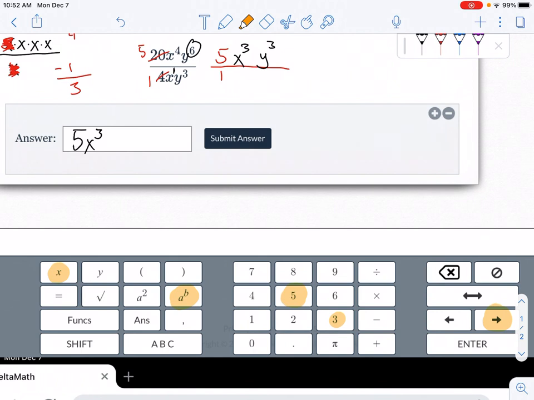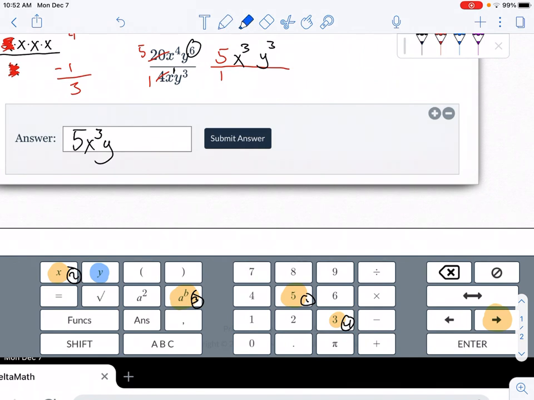So to get 5x to the third, I did all of those things in orange. That was the first button I hit, second button, third button, fourth button that I hit, okay? In a different color, I'm going to do y, and that would give me a y.